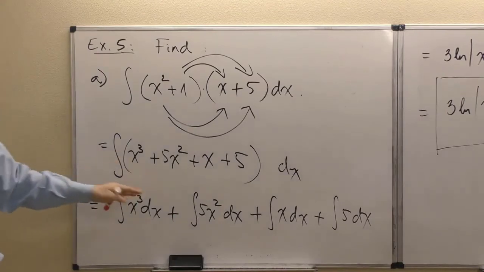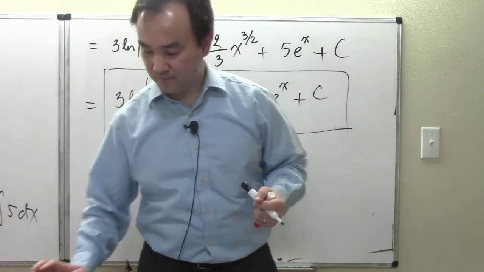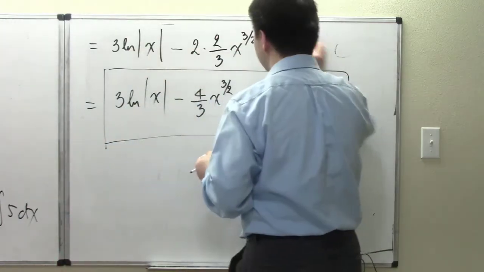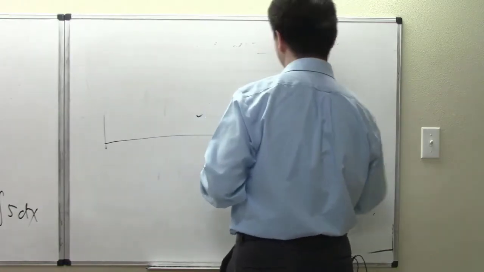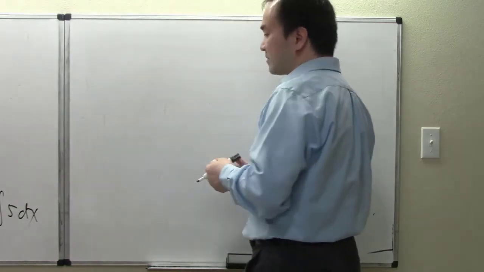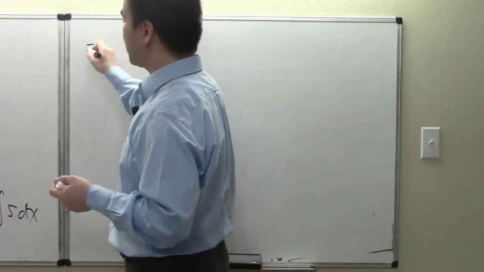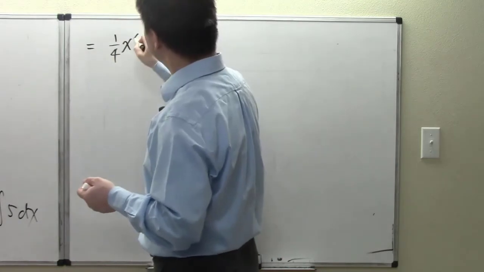All right, but after that point, we can start picking up the pace a little bit. So in that way, my first term becomes 1/4 x to the 4th.